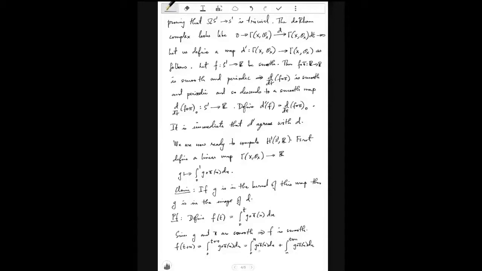Now, this we can break up as the integral from 0 to 1 plus the integral from 1 to 2 and so on, and each of these integrals is 0 because, since g is periodic, the integral from i to i plus 1 of g composed with π of x dx is equal to the integral from 0 to 1 of g composed with π of x dx, and this is equal to 0 since g was in the kernel.